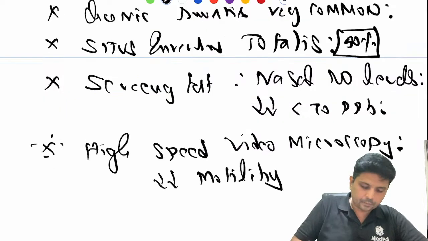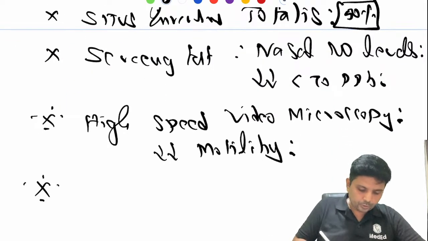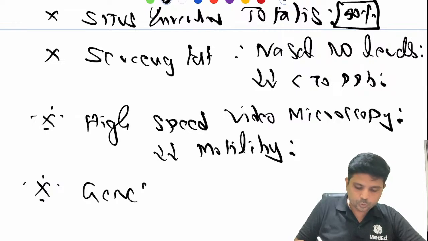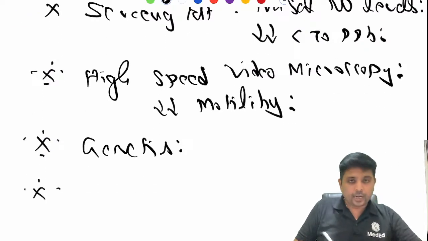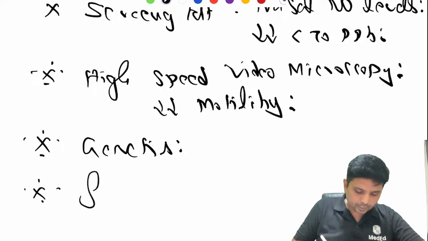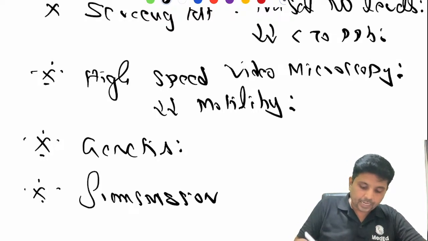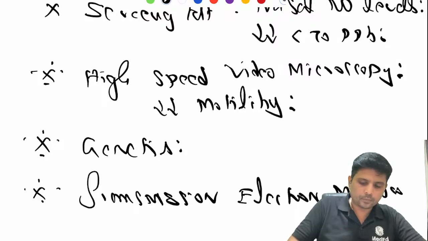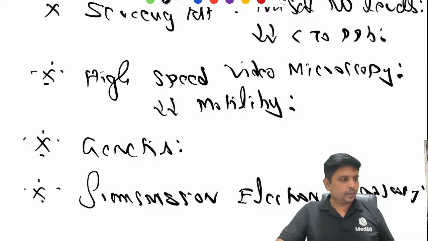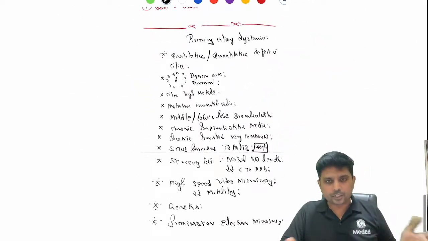Another is looking at the cilia, and then you can use genetics to look for the involved mutation, and then you can identify the structure of the cilia with transmission electron microscopy, to look for the altered structures.